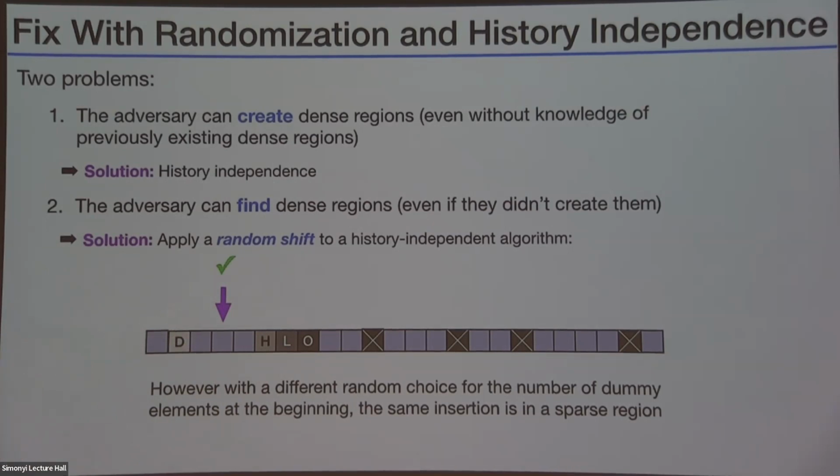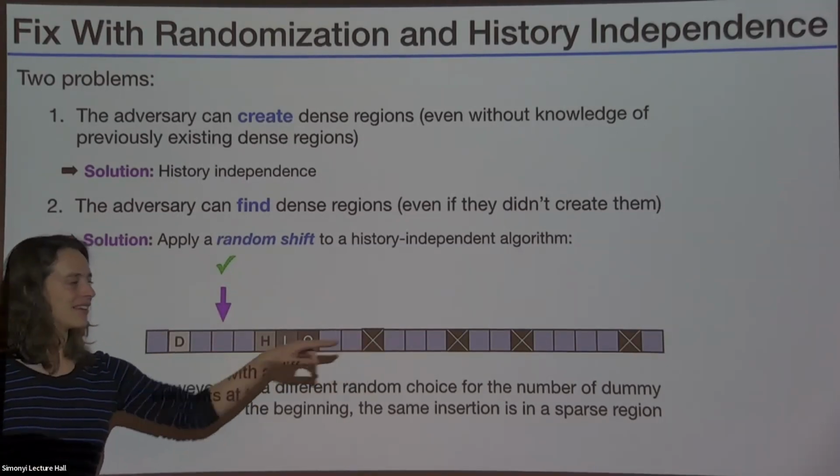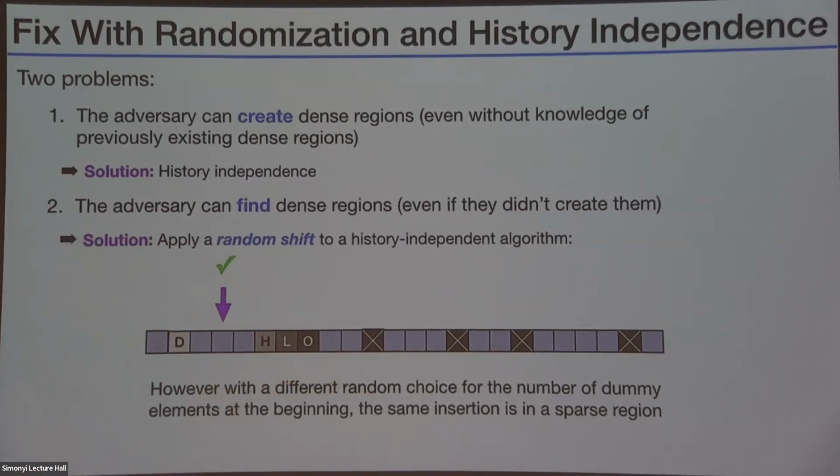It's not a dense region. So we're hiding the dense regions from the adversary by making it equally likely that they're going to be somewhere in the array, depending on how many of the dummy elements we chose to put at the beginning and the end.